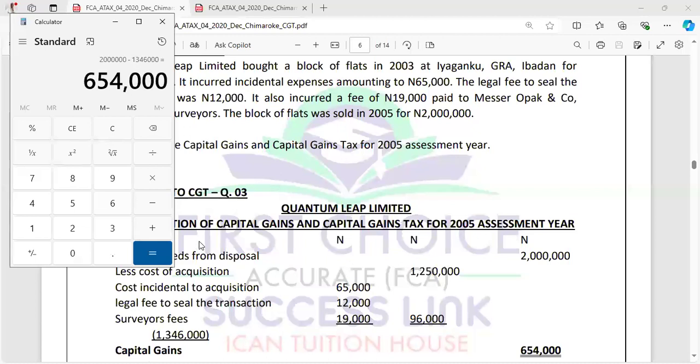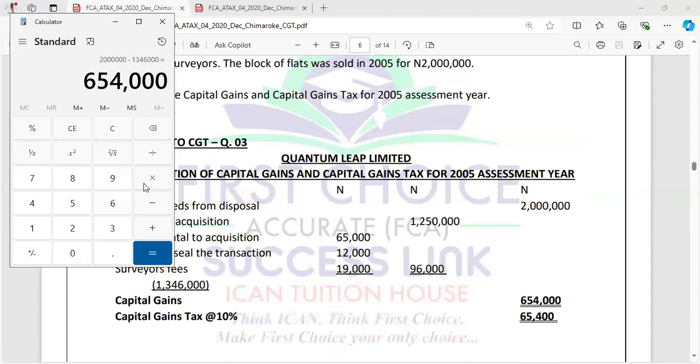Now, when I multiply this by 0.1, which is 10%, I have 65,400.